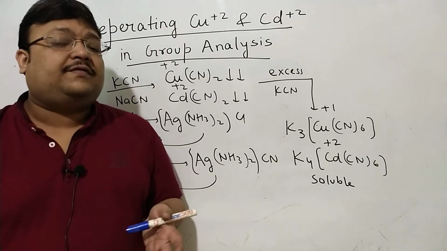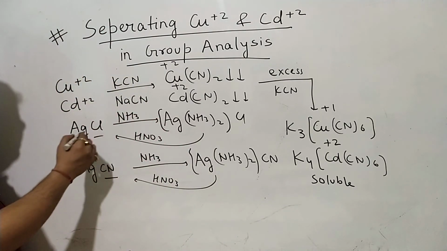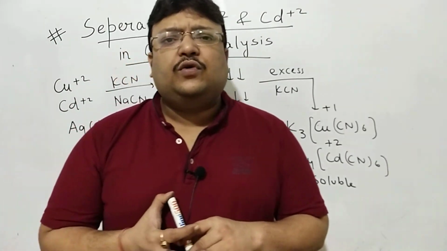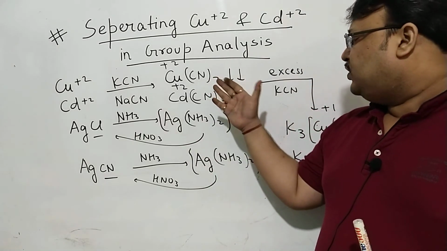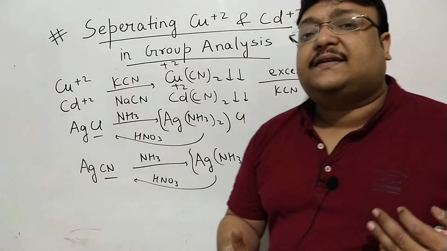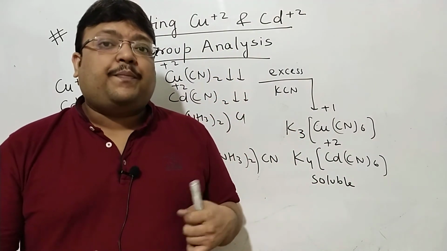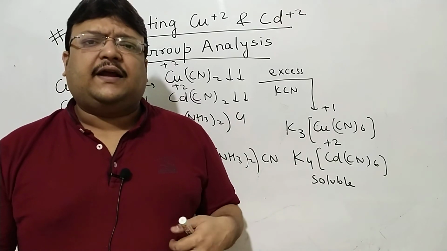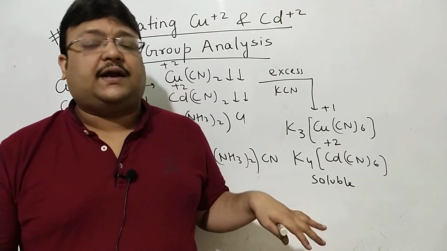And there are more reactions which I might share with you in future, where a cyanide will behave like a chloride, bromide or iodide. It's called a pseudohalide. You use cyanide particularly because cyanide eventually gives you a soluble complex with excess of KCN, which cannot be done using a halide. But the property of cupric becoming cuprous is a property of copper halides taken up by a pseudohalide like cyanide, and it comes handy in separating copper and cadmium.